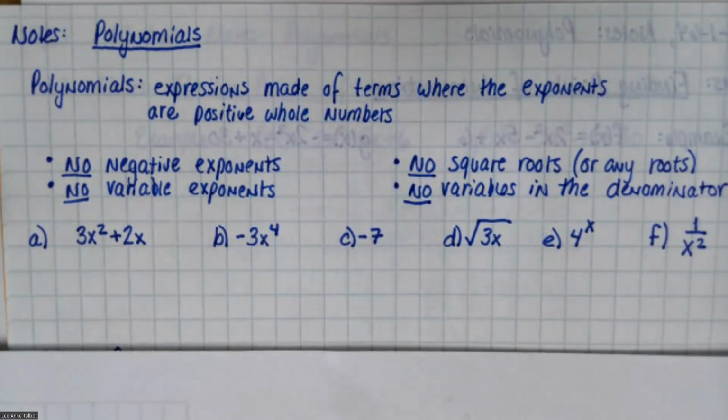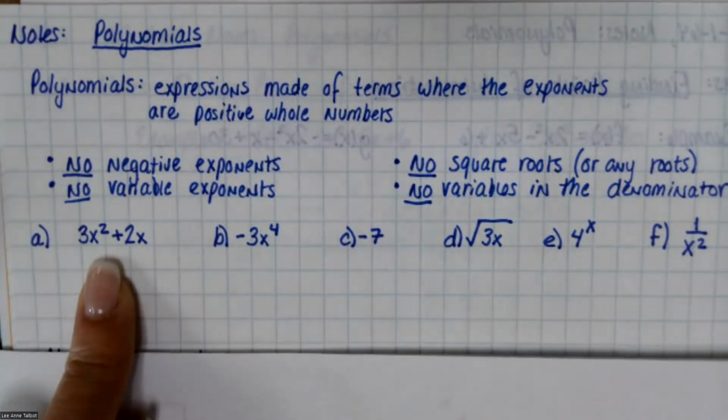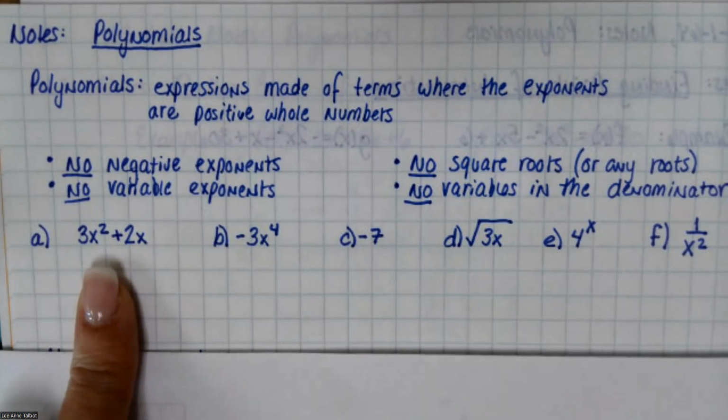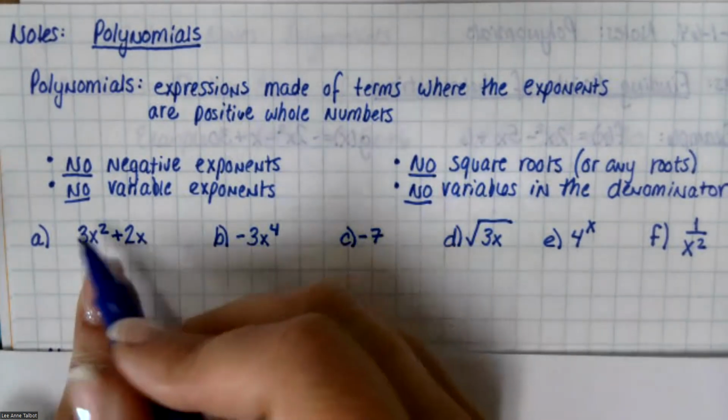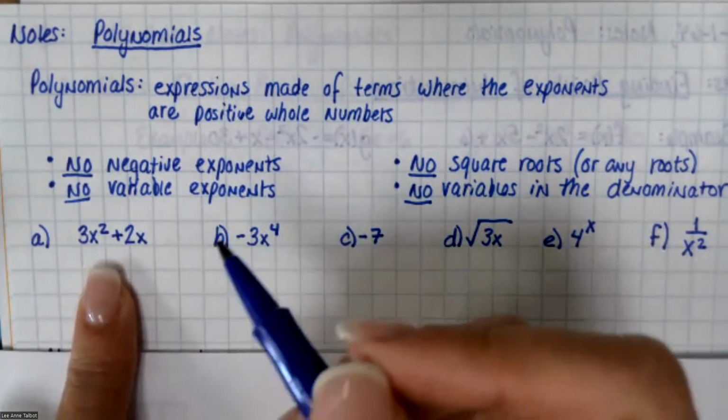Can you guys look at f real quick? See, f is 1 over x squared. That's the same thing as x to the negative 2. And you probably haven't touched that since math 1. Okay, so yeah, we're gonna go over the exponent rules again next week, but this one, is it a polynomial?